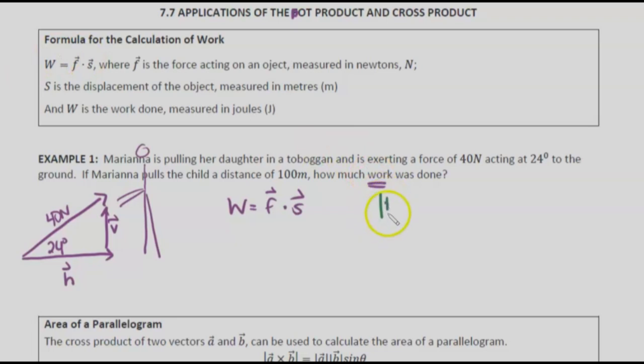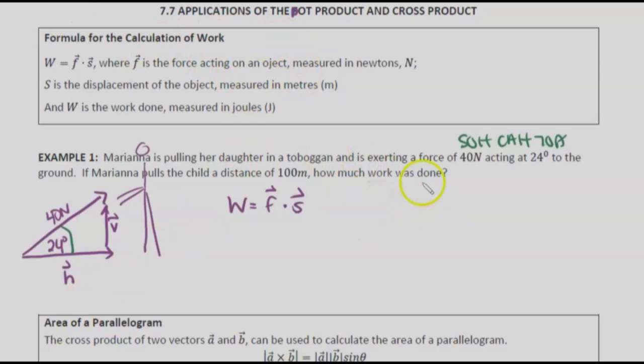Looking at SOHCAHTOA, we have cos 24 equals the magnitude of h over 40.